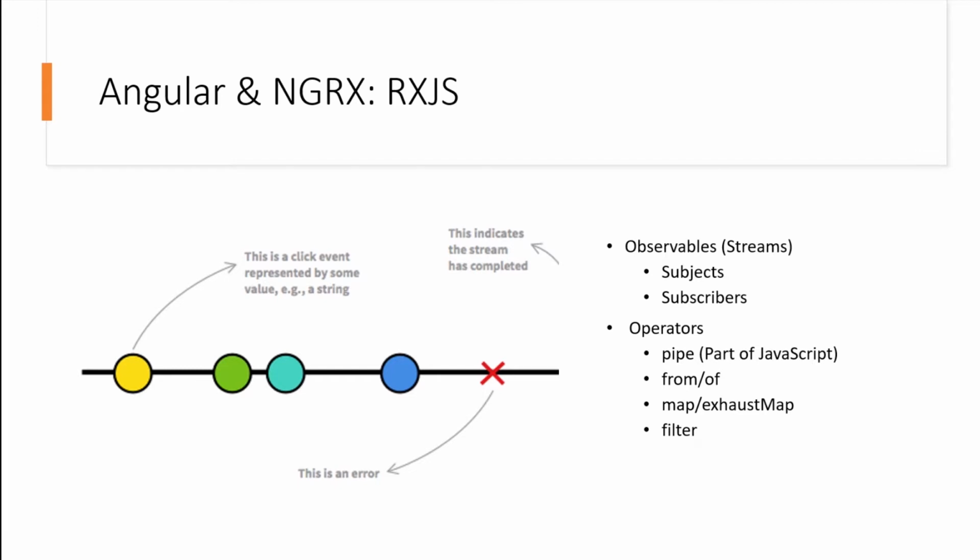So in JavaScript, we have promises, right? I want to make an AJAX call, and I have a promise I can use, and then it will return me a result. The major difference between a promise and an RxJS stream is a promise happens once. Once it's come back, it's done. It's never going to happen again. You'd have to recreate it from scratch.